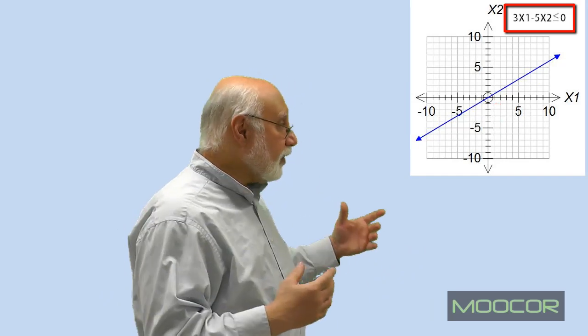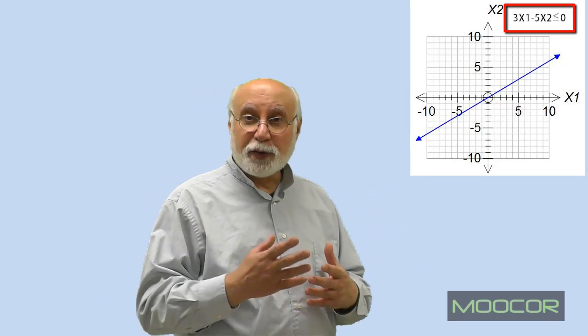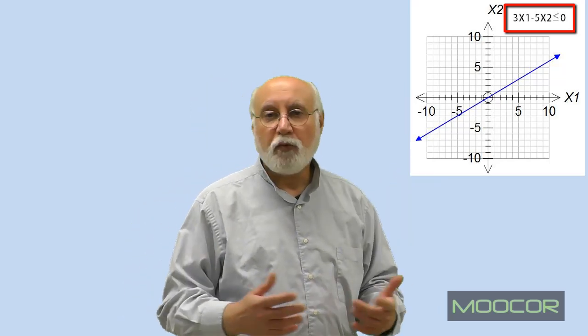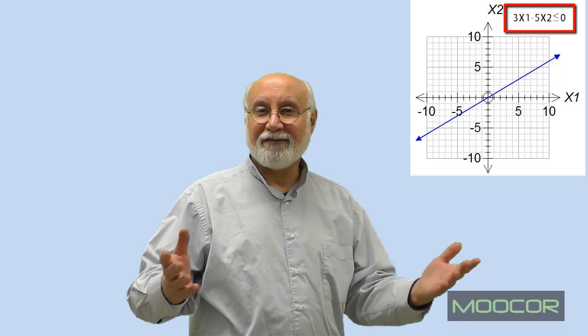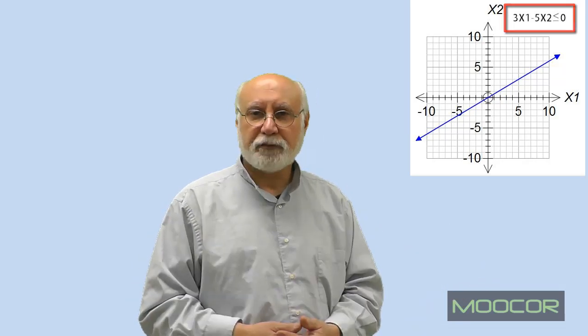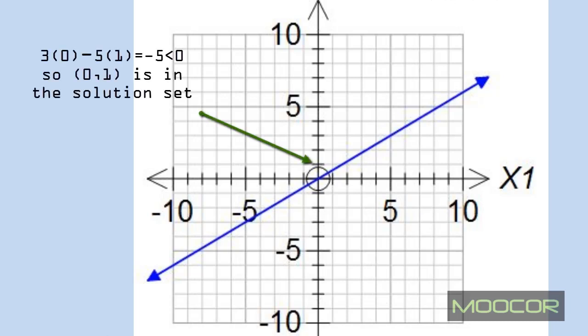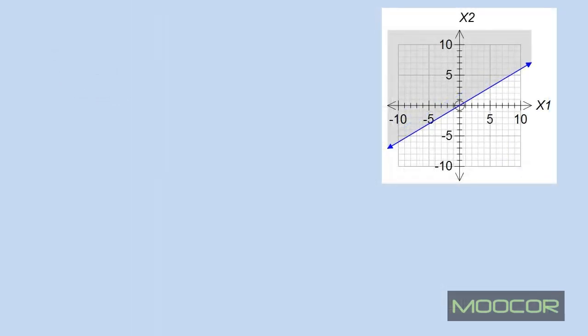And I will not be able to identify the solution of this inequality. Well, I can either use a different test point. Instead of 0, 0, I can use 0, 1 or 7 and 11, something that would allow me to identify where the solution of this inequality is, or something even a little trickier.